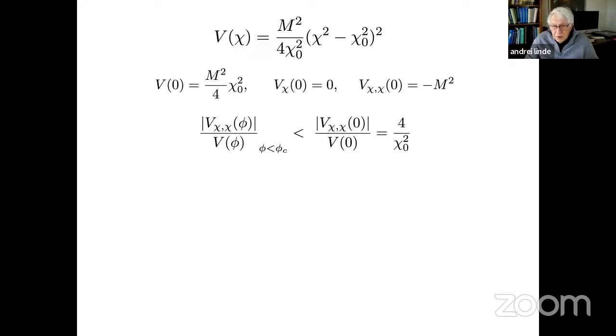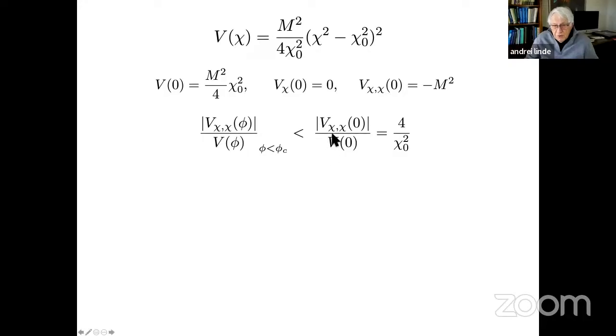So the lesson is this: if for whatever reason there is eternal inflation at the point phi equal to 0, then it's even more so on the way towards this point, because the second derivative all the way up to the point when phi becomes equal to 0 is even smaller.